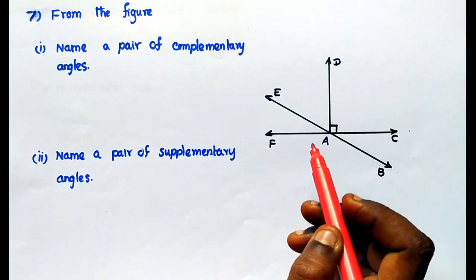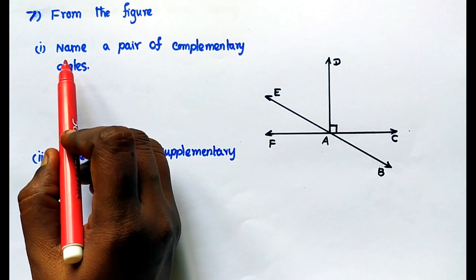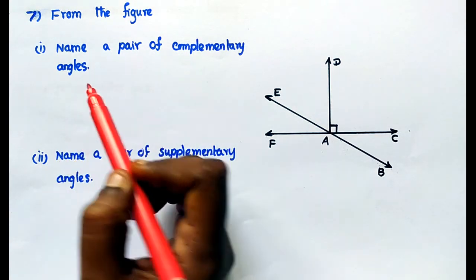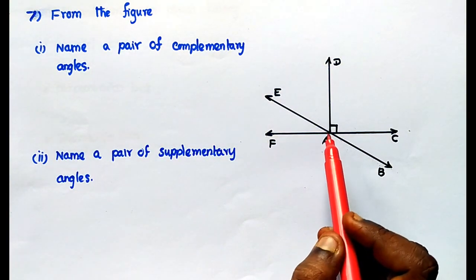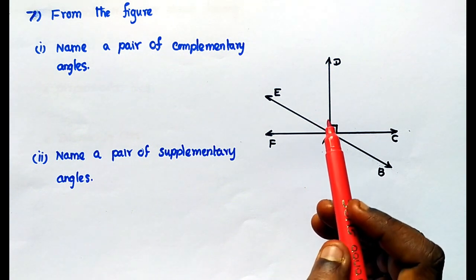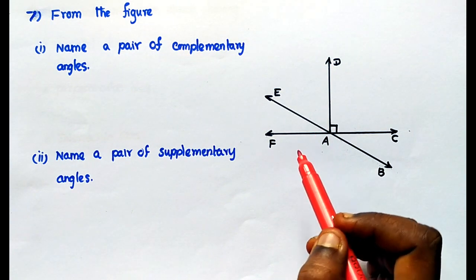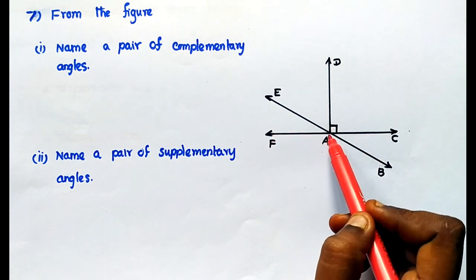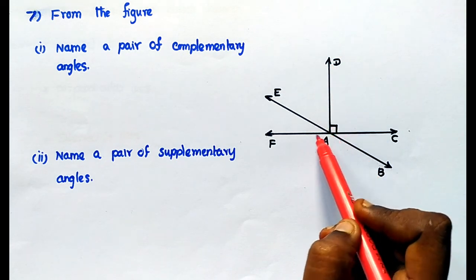Seventh one, from the figure. Listen, this figure we have to find out the answer. Name a pair of complementary angles. Complementary means we have to add two angles, and we get 90 degree. Here FAD is the 90 degree.